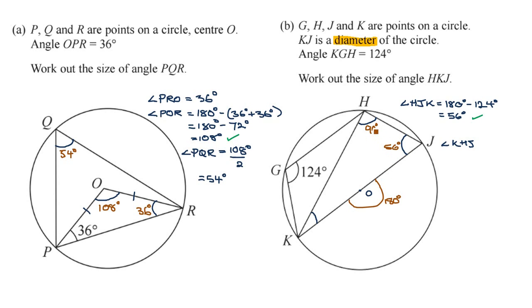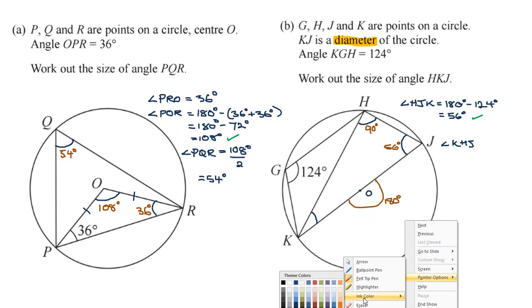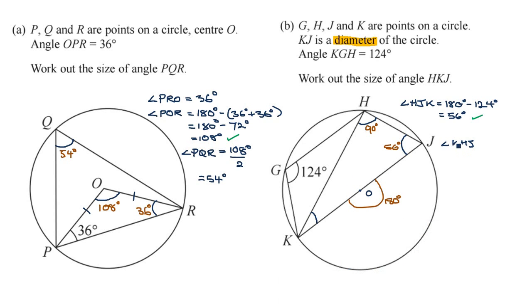So now we've got two angles in a triangle, we can go for our answer, which is the angle HKJ. So first of all let's finish this. KHJ equals 90 degrees, or we could write 180 degrees divided by 2 equals 90 degrees.